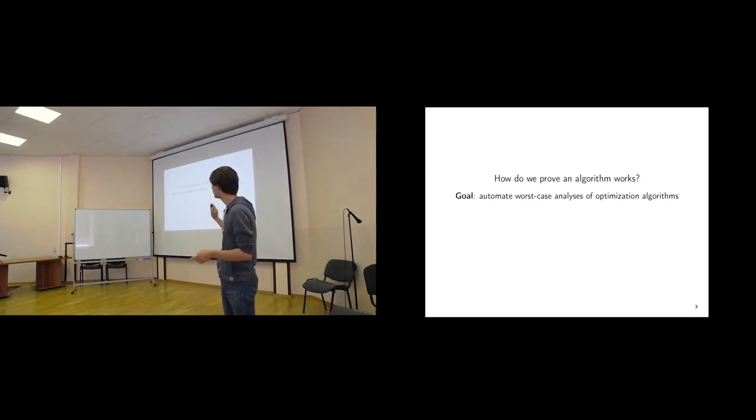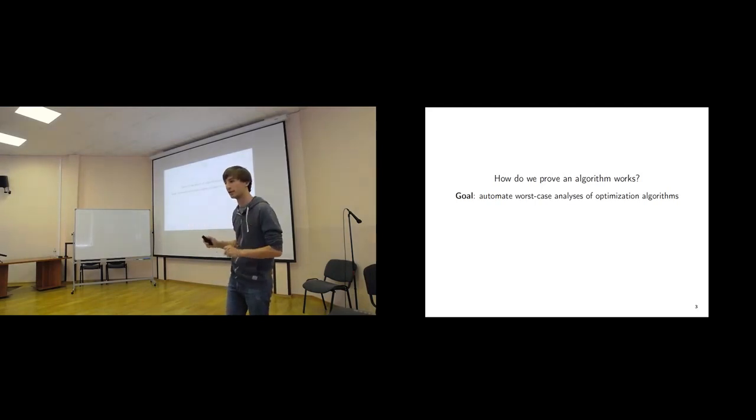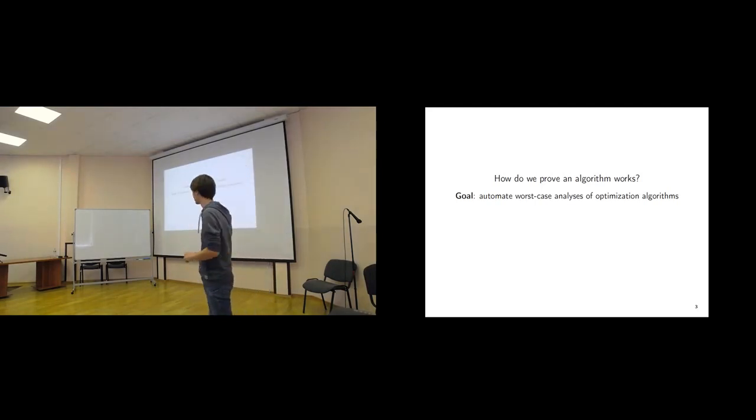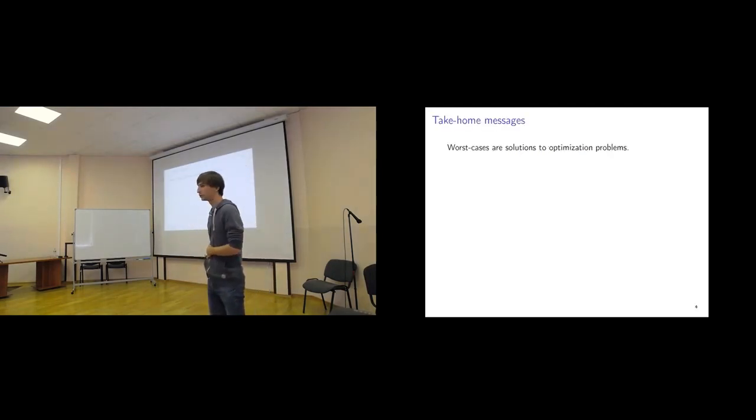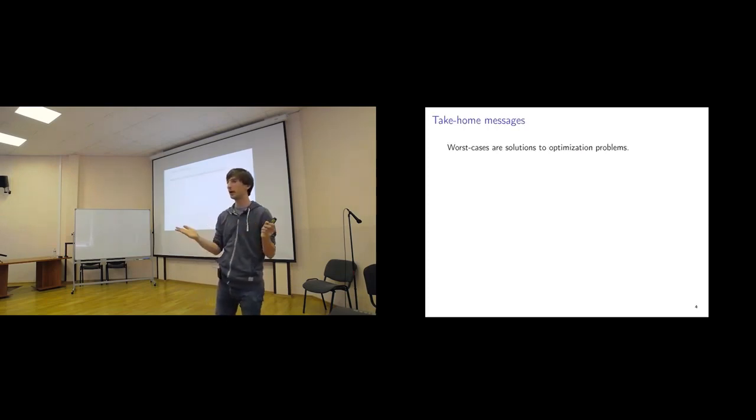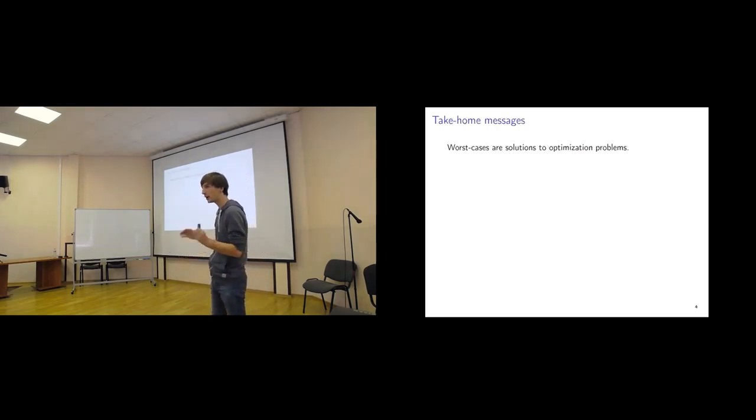I insist on the fact that we are doing worst-case analysis here. There are other ways to analyze algorithms, which may be more relevant in many different settings. Here we mostly focus on worst-case analysis, which is standard in the first-order literature. Okay, so if I could choose 3 things that I would be happy if you remember at the end of the presentation, I would choose the following.